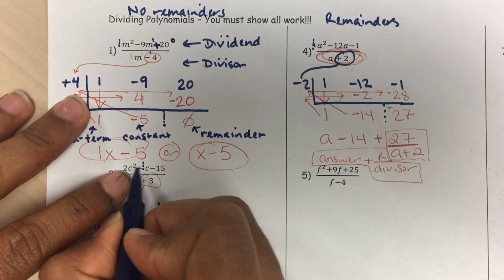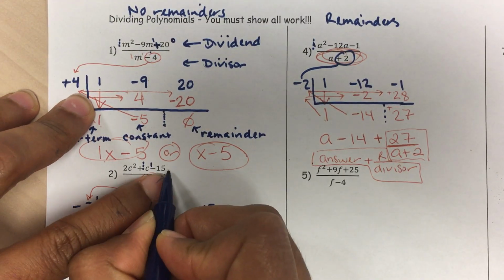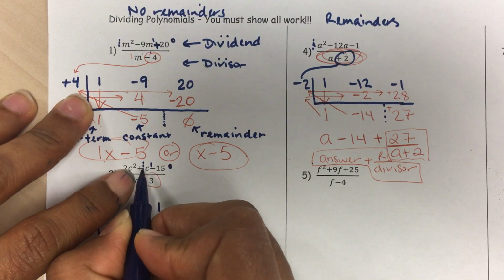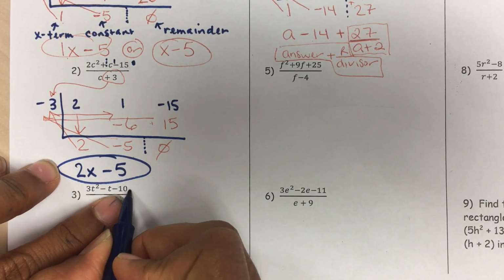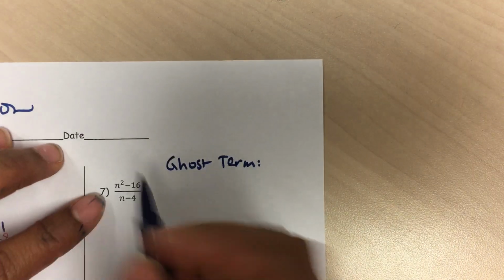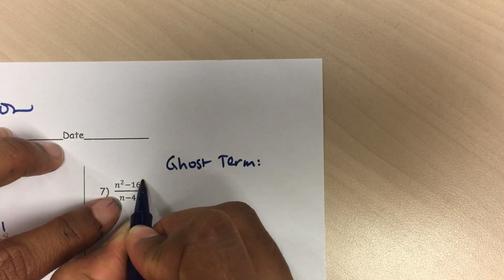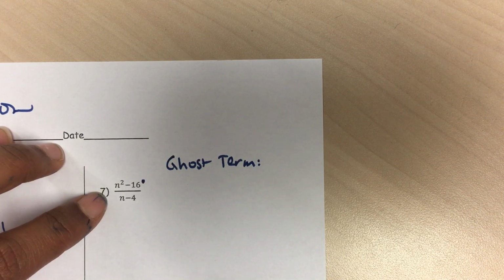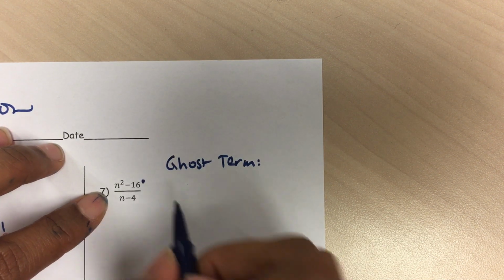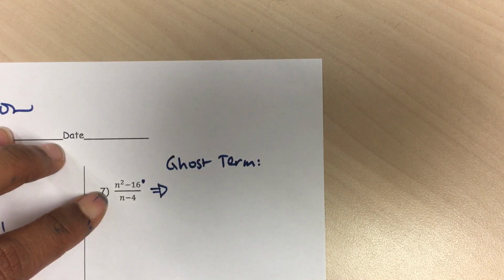Power of 2, power of 1, no C powers at all. So second degree, first degree, 0 degree. Once again, second degree, first degree, 0 degree. And over here, we jump from second degree to 0 degree. Where did my first degree go? This is not normally a big deal, but in a division problem, oh yes, it is. We need to put that ghost term back in as a placeholder.